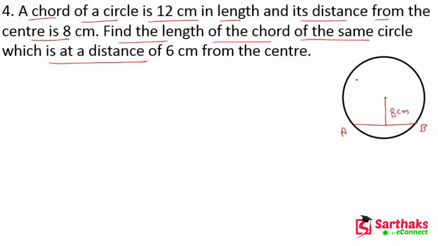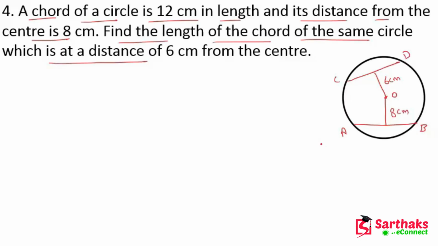Now we have another chord like this, and the distance between the chord and the center is 6 centimeters. Let's suppose this is CD, and this is center O. I hope you understand these things.